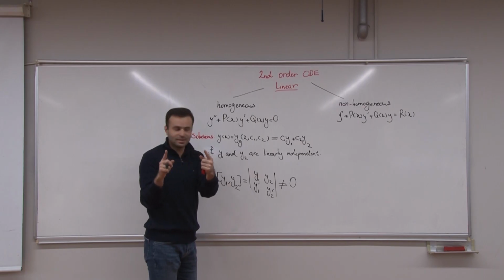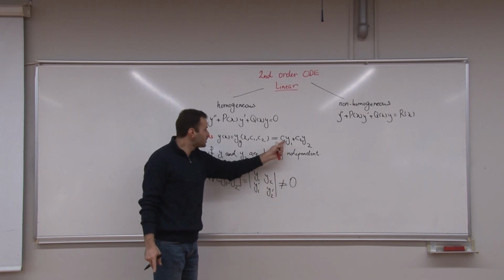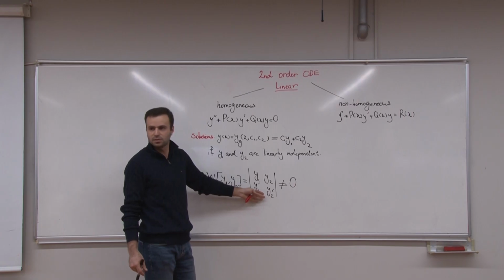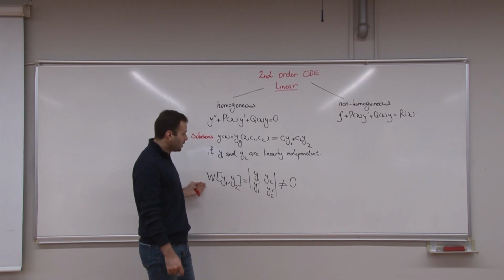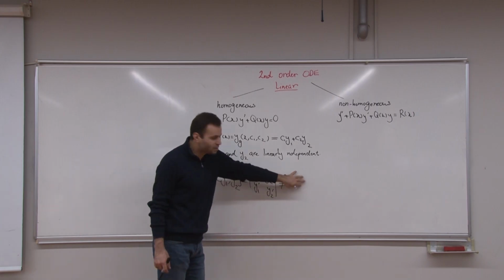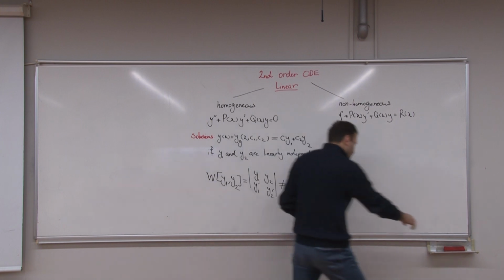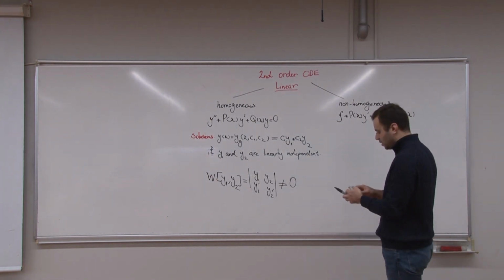On that domain where it is not equal to 0, these two functions coming from the solutions are going to be linearly independent. Okay? So it is the nature of the Wronskian: either it is equal to the constant function 0, or it is completely not equal to 0. Anyhow, this is just a reminder, but we can keep it anyhow.